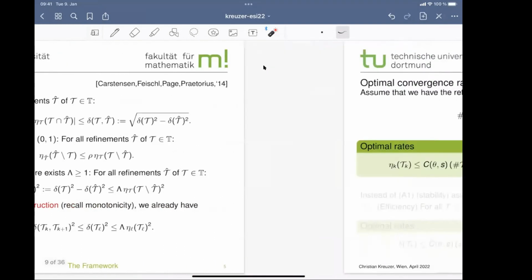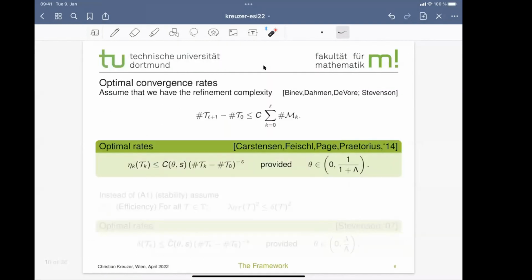In addition to these four assumptions, we need another assumption on the refinement procedure, which basically says that when we mark elements, the effect of refining all these elements is of the size of the number of elements. So that is kind of a stability estimate for refinement.